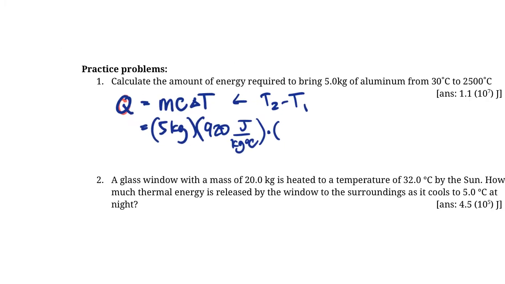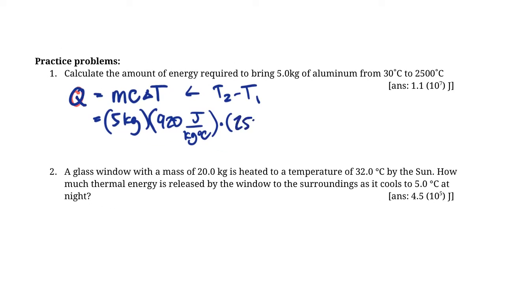The change in temperature is 2,500 degrees Celsius minus 30 degrees Celsius. So we're bringing this up from room temperature, or really warm room temperature, to a very high temperature. We could just do this calculation like this: 5 times 920 times 2,500 minus 30, which gives us a huge number, about 11,000 kilojoules. Actually, you know what? I'll just write it out.